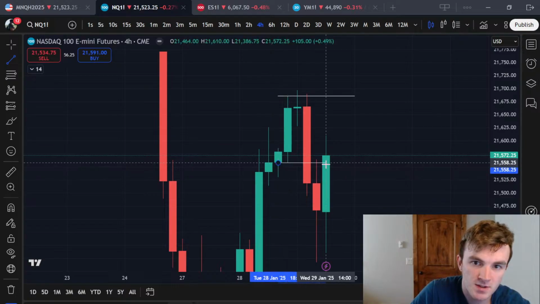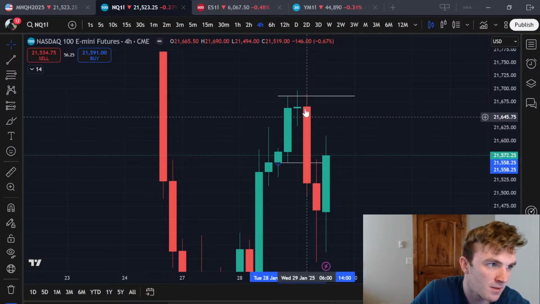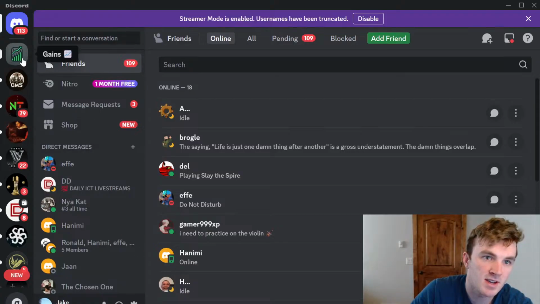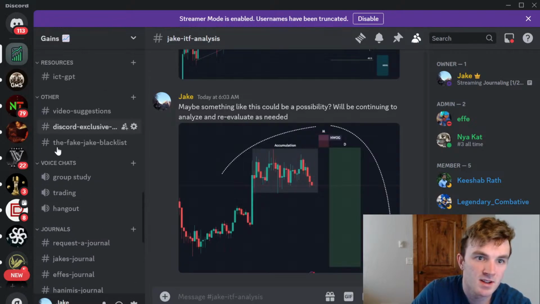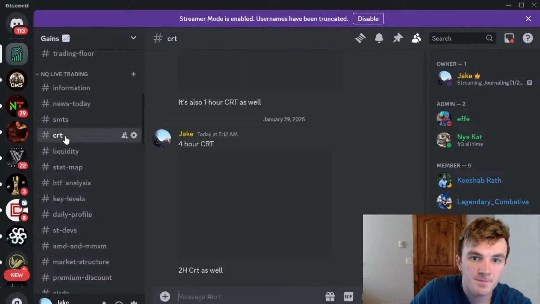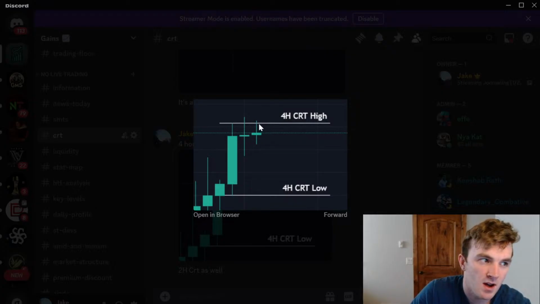So in other words, we knew that this 4-hour candle had a high probability to deliver us lower from here to here. And you can see that I marked this out. Like, this isn't hindsight. I marked out this CRT in the morning. I saw it happen. I said, here, look at this. I said 4-hour CRT, and that this implies that there's a chance that we'll go from the CRT high to the CRT low.